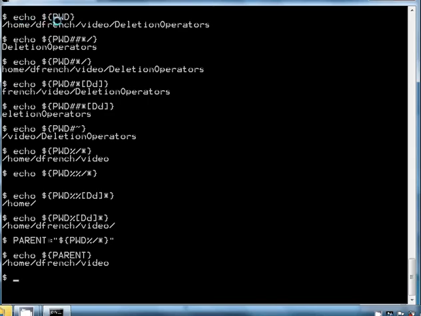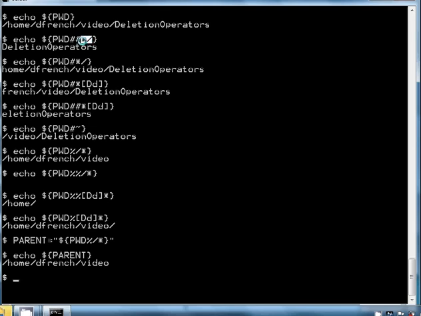Let's look at the value of the PWD variable. You probably already know the PWD variable always contains the value of your present working directory. Using the double pound sign operator, we can delete the largest matching pattern from the beginning of the value that matches the pattern star slash.